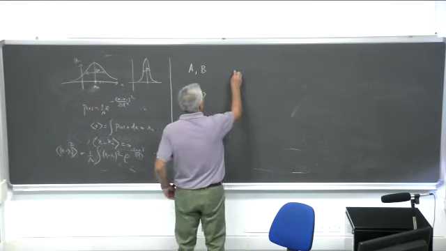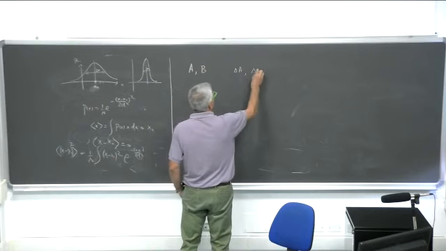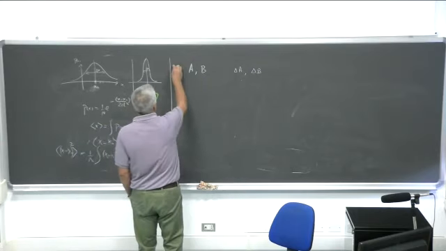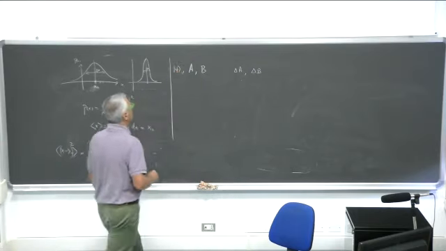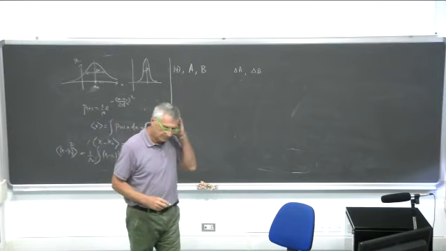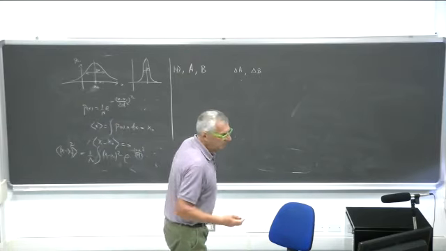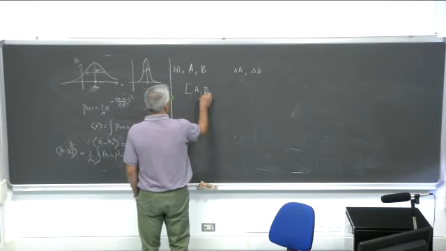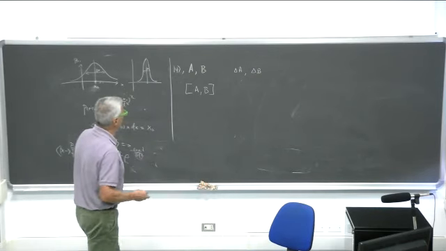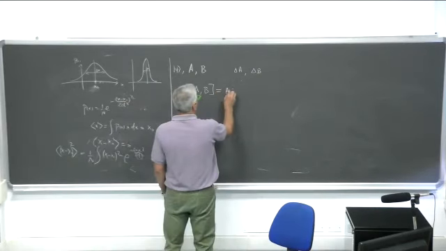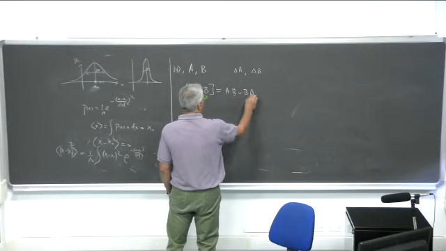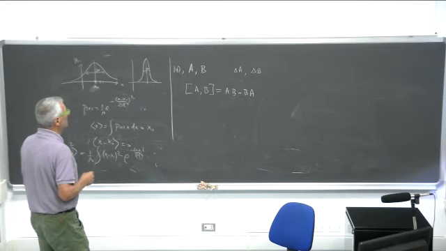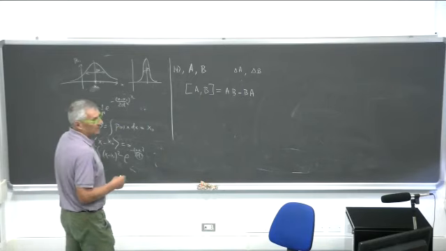So you have delta A and delta B for each of them, in a given state psi. Now there are two possibilities for the commutator of A and B, which is nothing but AB minus BA. It can be 0 or not 0.